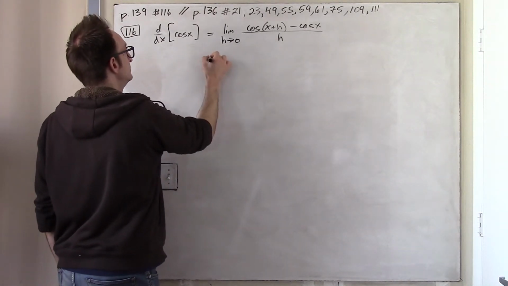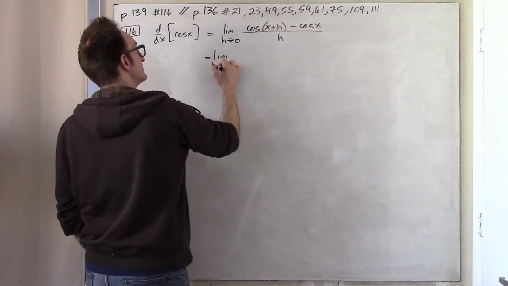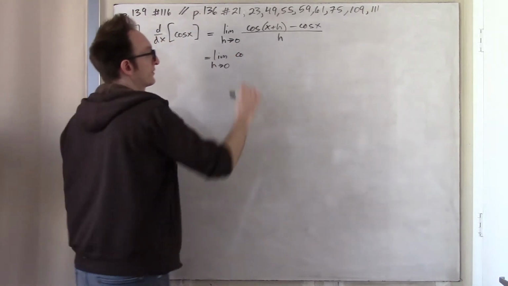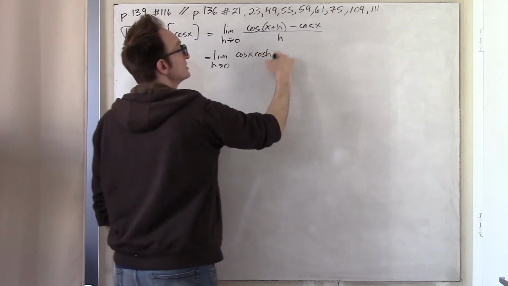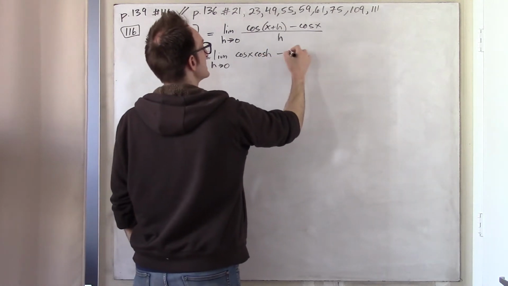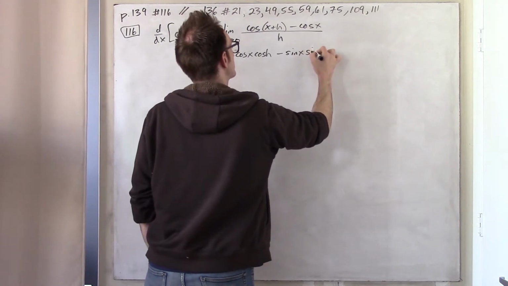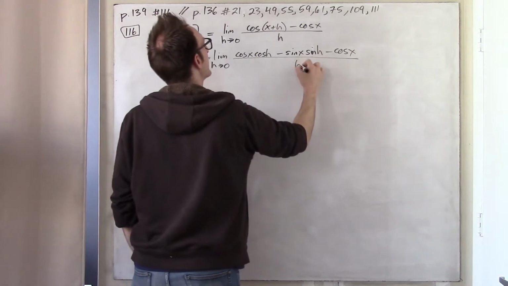Alright, let's go. I have to use the cosine of a sum formula, so let's do that. This becomes the limit as h approaches 0 of, what's the formula for cosine x plus h? Well, it's cosine x cosine h minus sine x sine h, minus cosine x all over h.